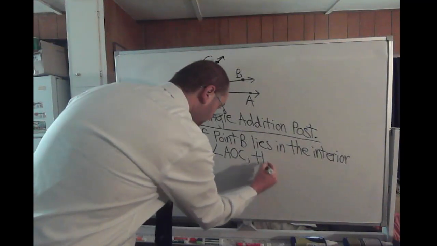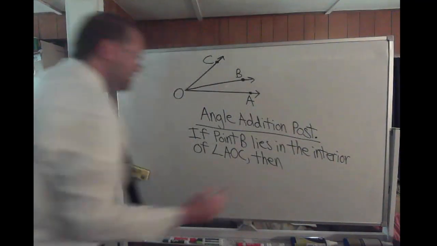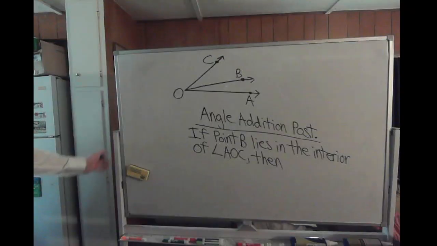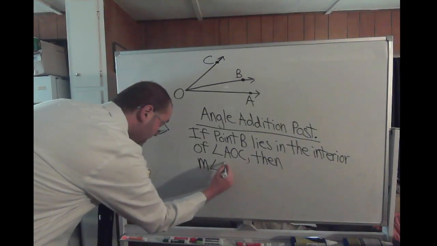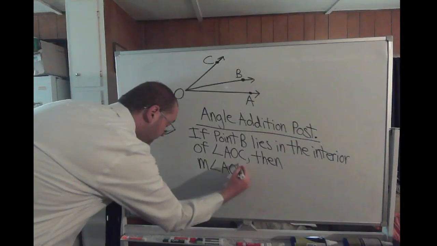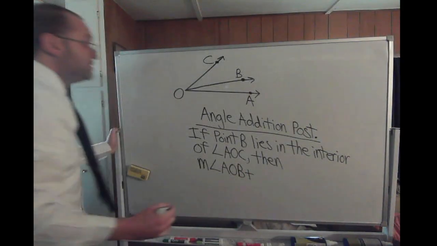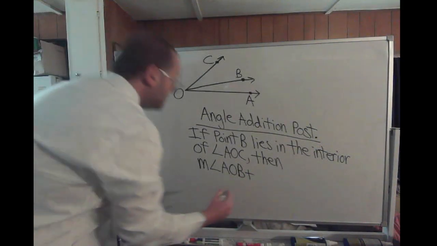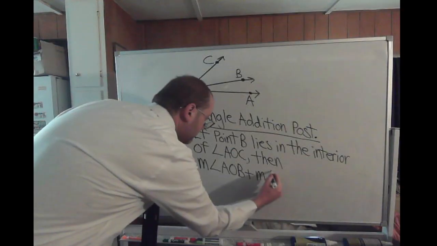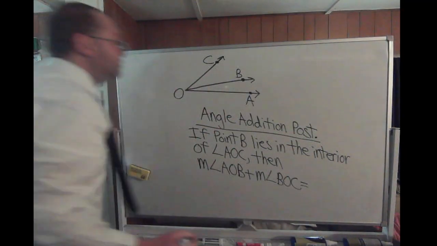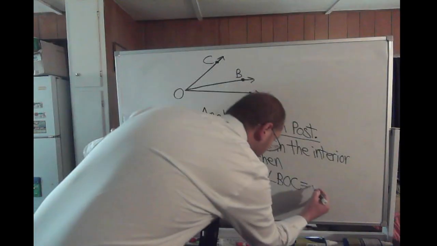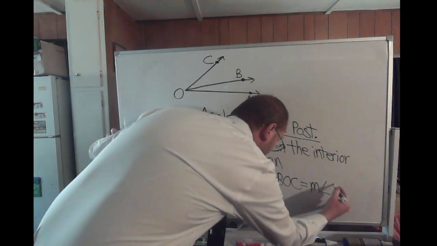Then the measure of angle AOB plus the measure of angle BOC equals the measure of angle AOC.